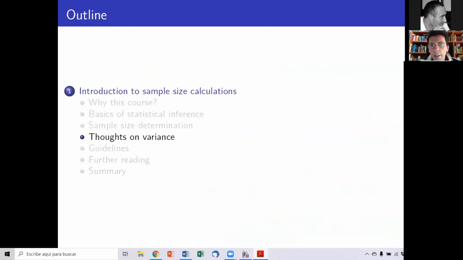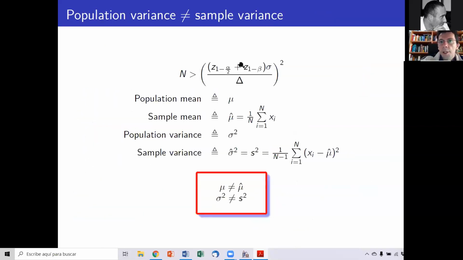Actually, if we look at this formula here, the sample size has confidence and power, that's fine, but then it has the effect size and the noise. So sigma is the variability of my observations, that is noise, and the effect size is what I want to detect, that is the signal.